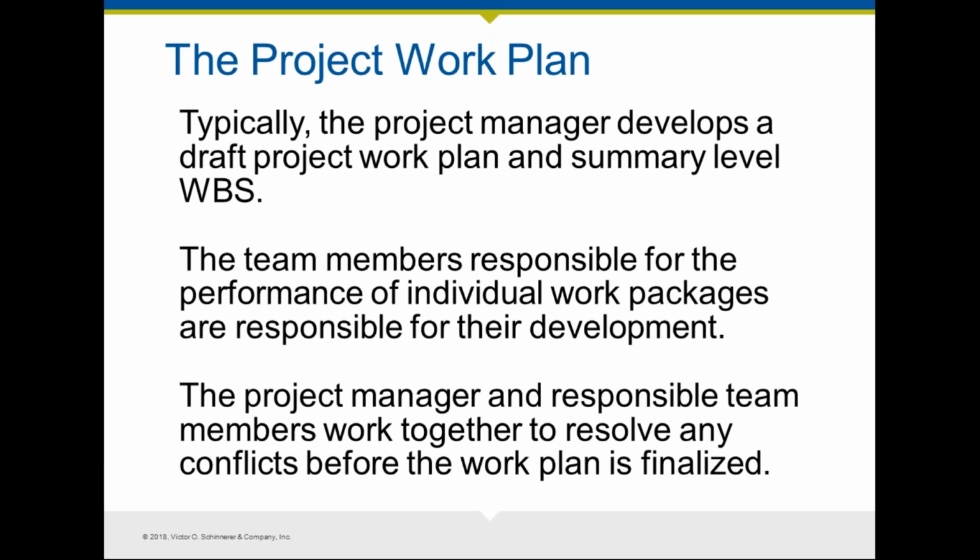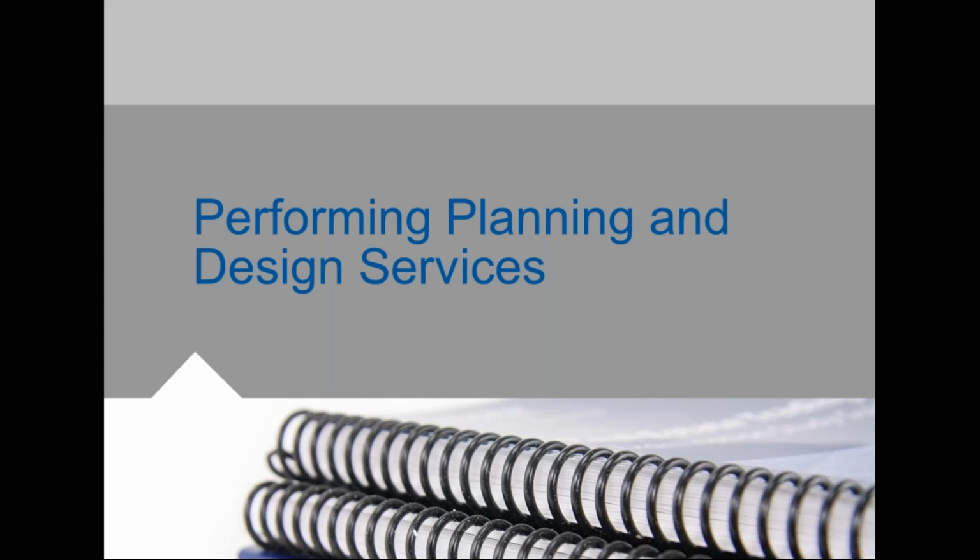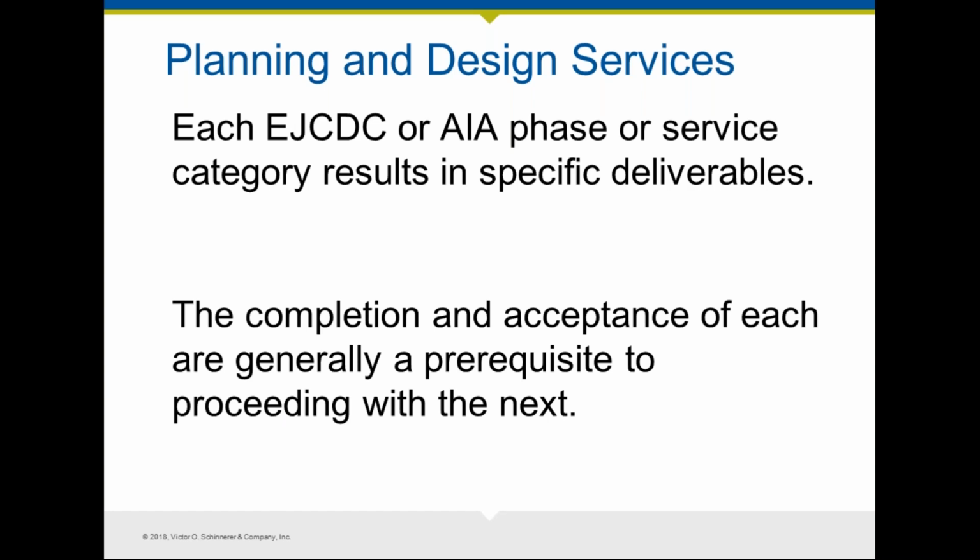So the last phase that we're going to talk about is actually performing planning and design services. Again, for this section, I'm really relying on the description as presented in the EJCDC or AIA documents.